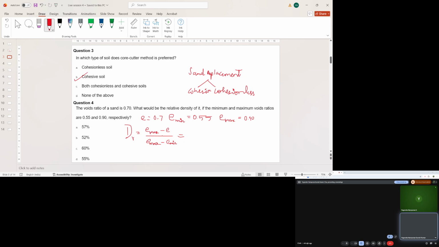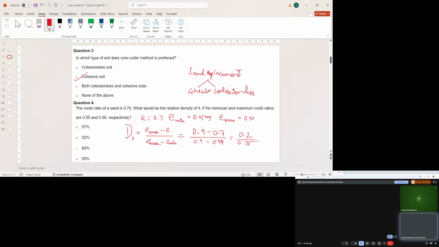And coming to this problem once again, e max is 0.9 minus the actual voids ratio in the soil, which is 0.7, and e max is 0.9 again, and e min is 0.55. So when we subtract, it comes to 0.2, and this comes to 0.35.